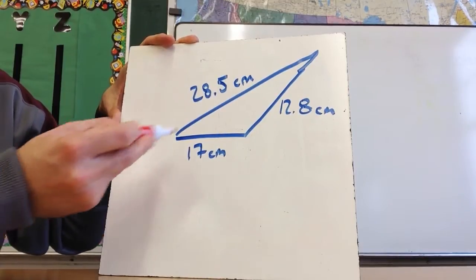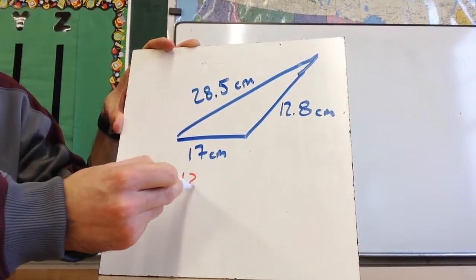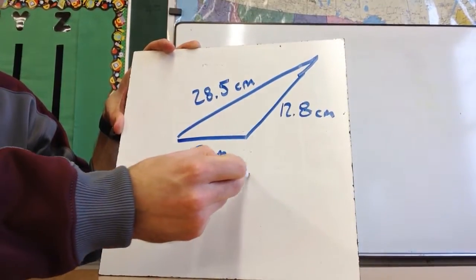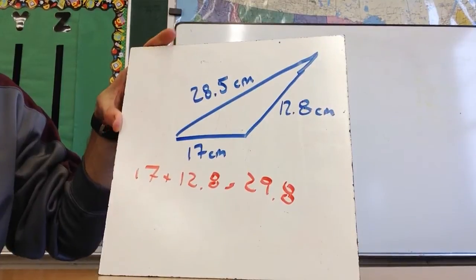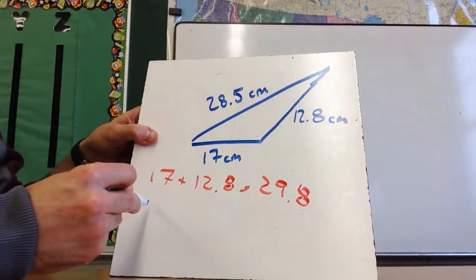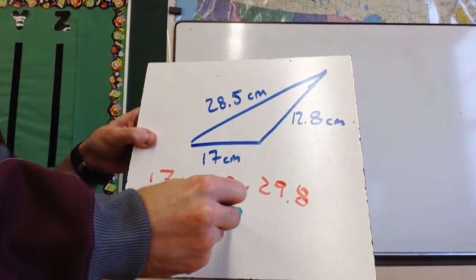So let's take 17 plus 12.8, and this equals 29.8. And then I'm going to take that 29.8 and add that to the 28.5.